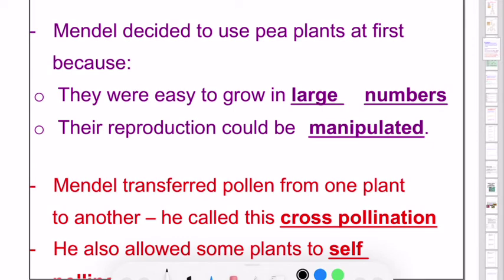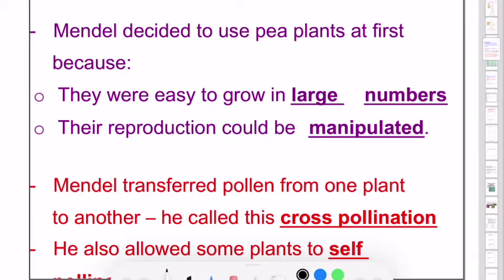Mendel decided to use the pea plants at first because they were easy to grow in large numbers, so you could grow them really fast, and their reproduction could be manipulated. So we can say this pea will cross with this pea, basically by cross-pollinating.